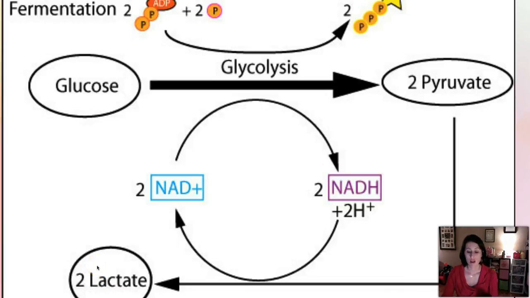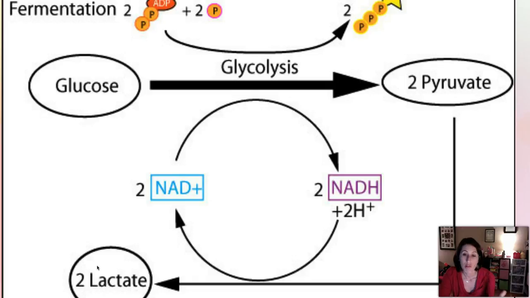So what's happening here is your muscles, let's think about a long-distance runner. Long-distance runners burn through their glucose supply relatively quickly, definitely before they're finished with their long run. So their muscles are burning through this glucose faster than they can breathe to supply oxygen to those muscle cells.